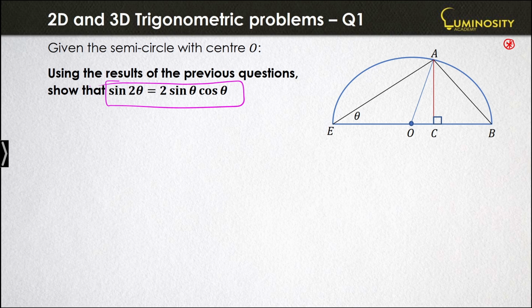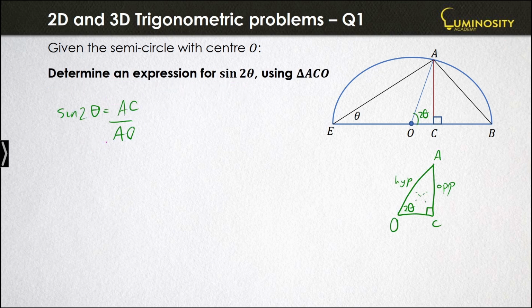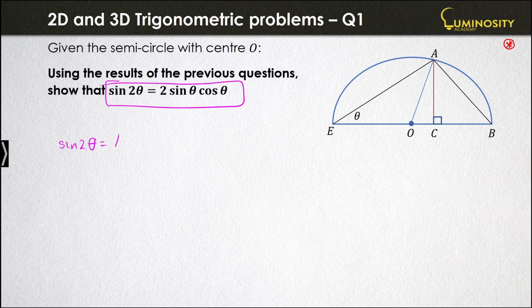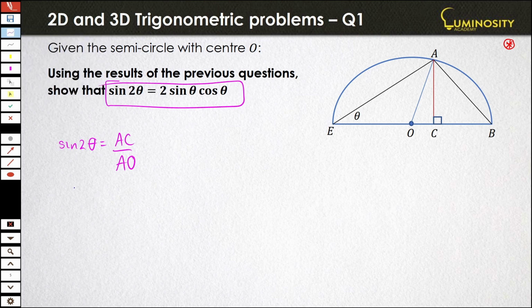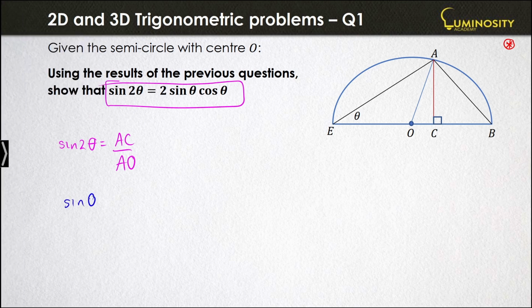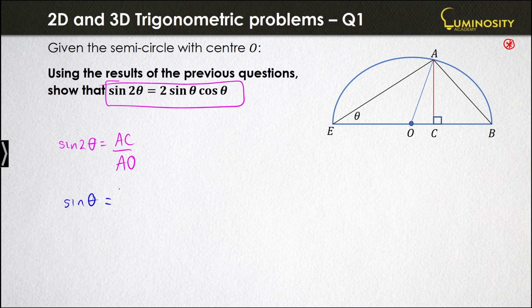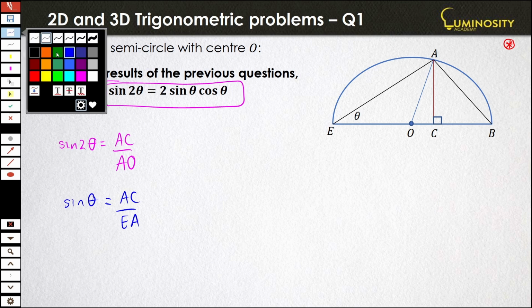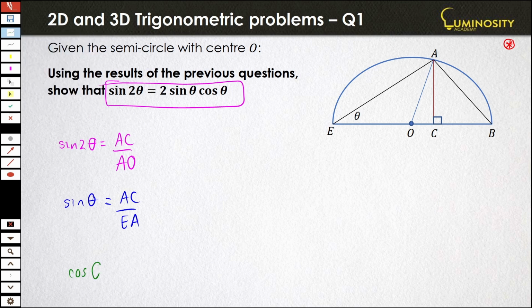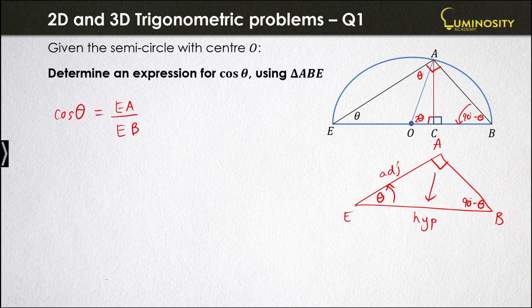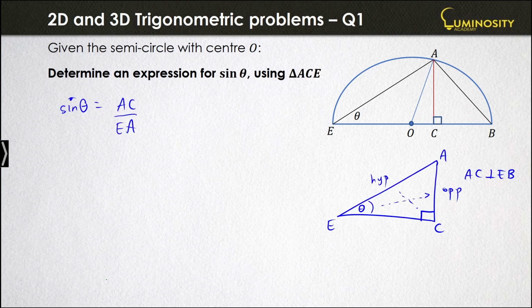So sine of 2 theta, we worked that out in the previous question: that was AC over AO. Then sine theta, we worked out earlier, was AC over EA. And lastly, cos theta, we worked out, was EA over EB.